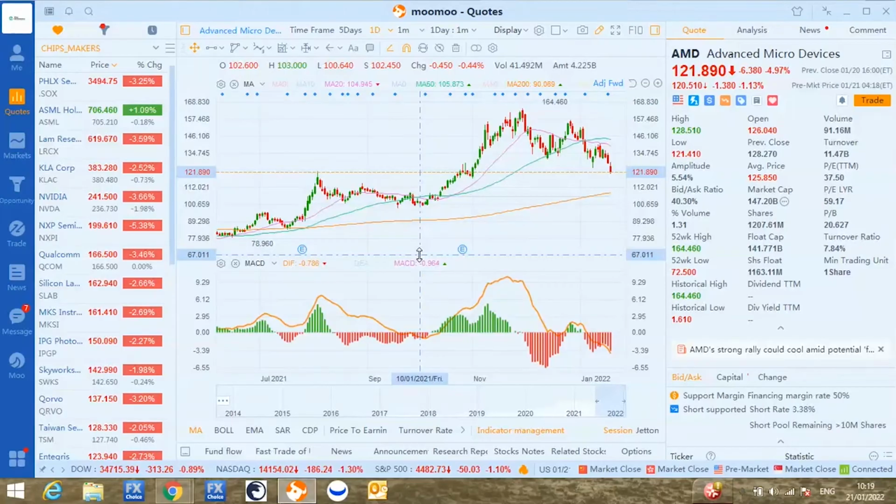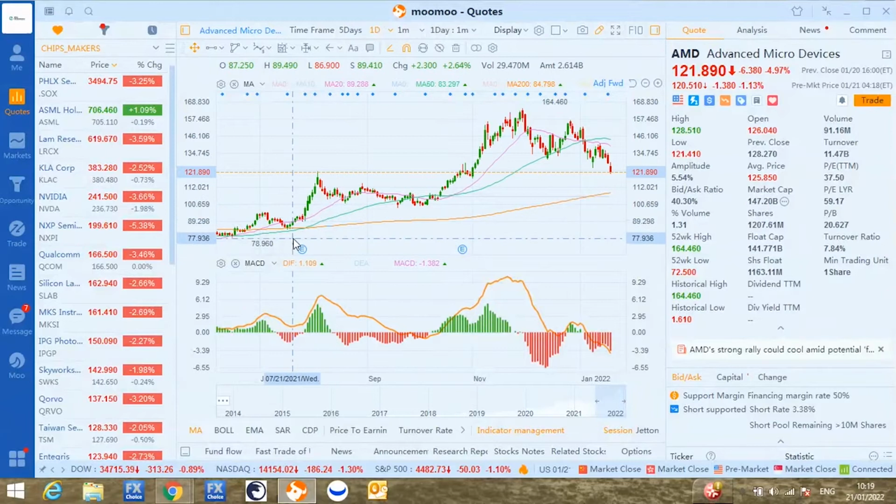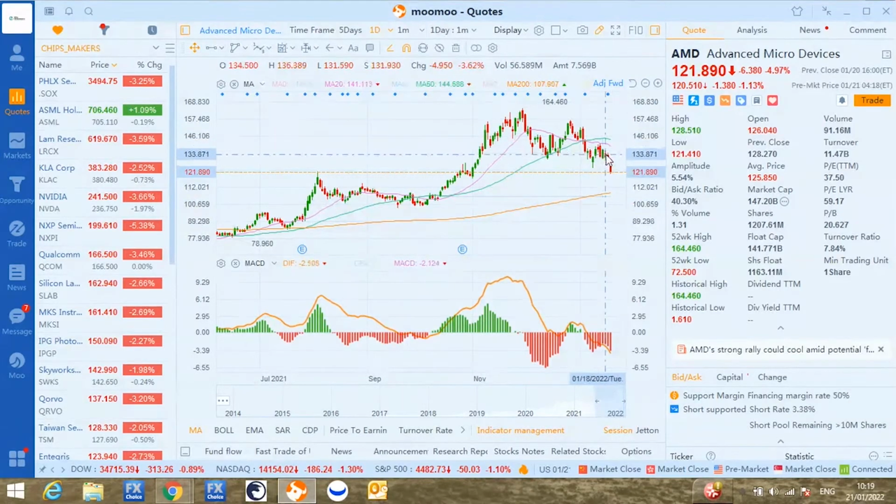We're looking at the AMD chart here. This is a daily chart. As you can see, AMD on a daily chart is actually bearish at the moment. You can see the 50-day moving average has crossed over the 20-day moving average, going down.